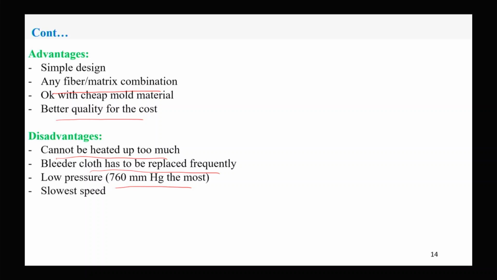So it requires a long time for natural curing. Inconsistency is there because there's no positive pressure control. It's a negatively applied pressure due to the vacuum created. That's why inconsistency may be there in the quality.